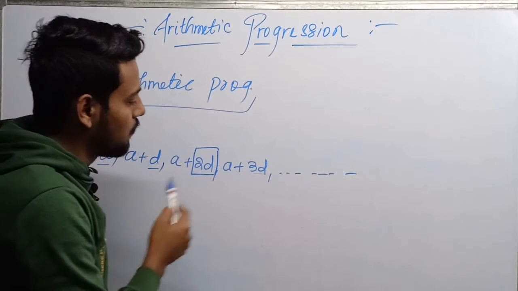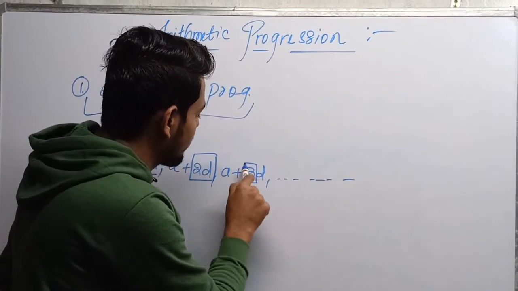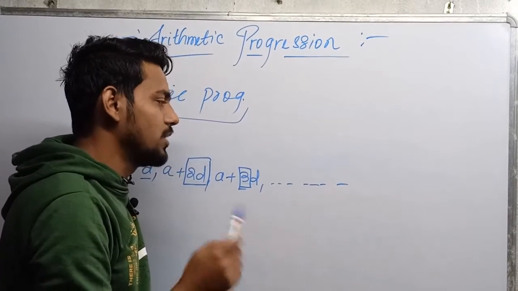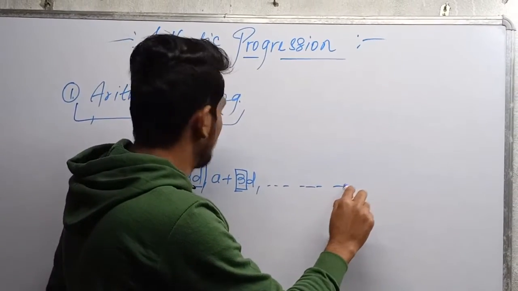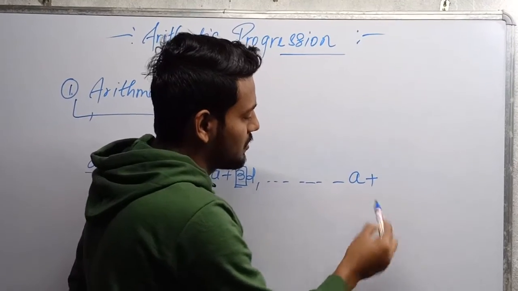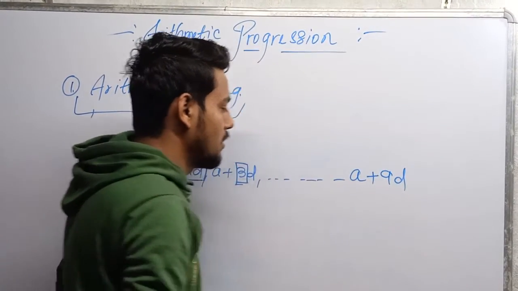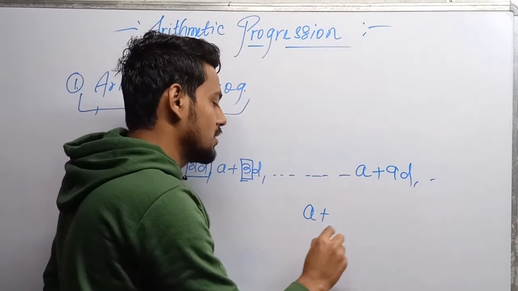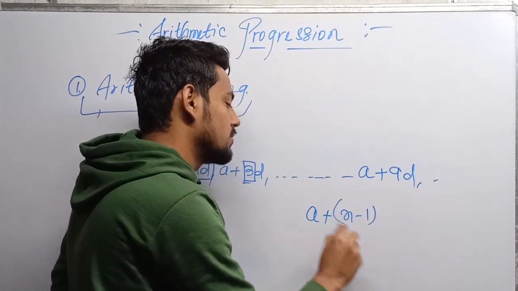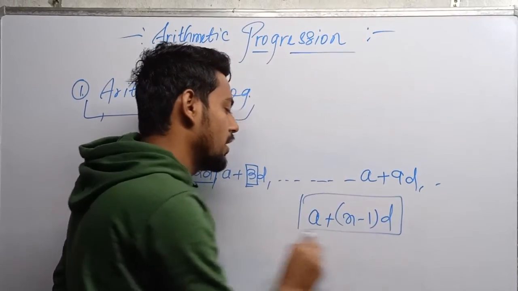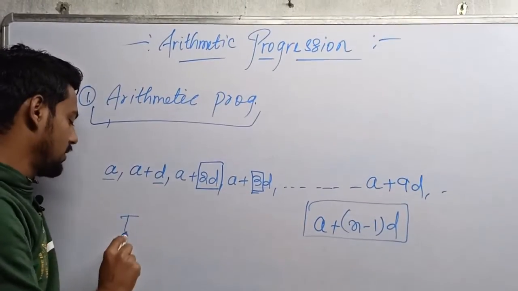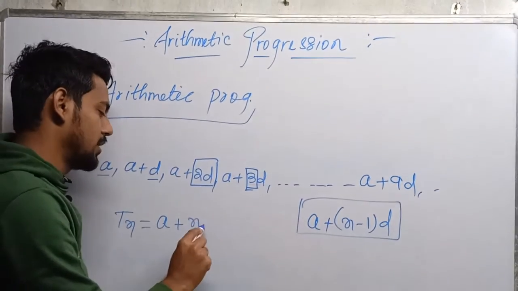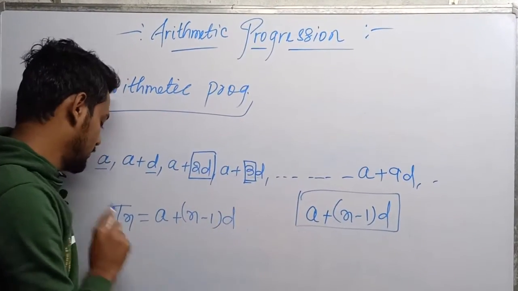If we take the fourth term, we get 3d. So the 10th term would be a plus 9d. The nth term becomes a plus (n minus 1)d. This is the general term of an AP: Tn equals a plus (n minus 1)d.